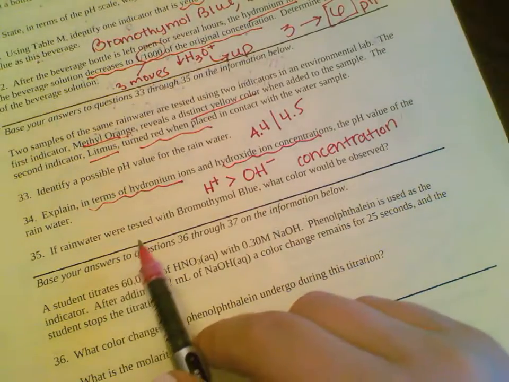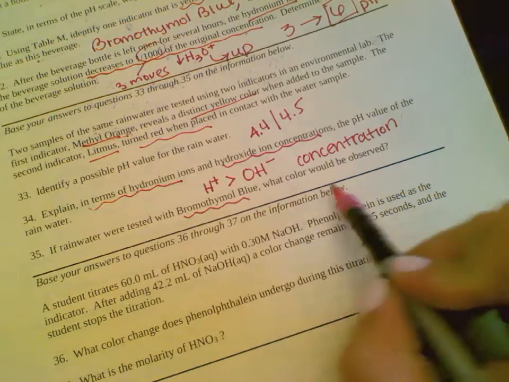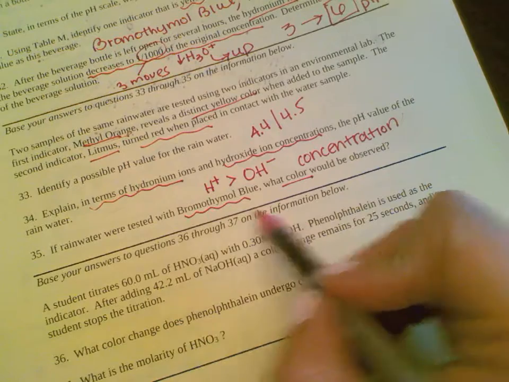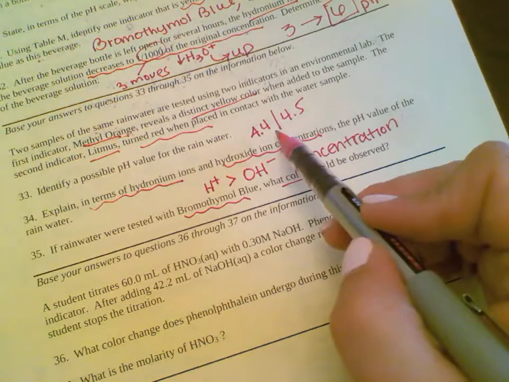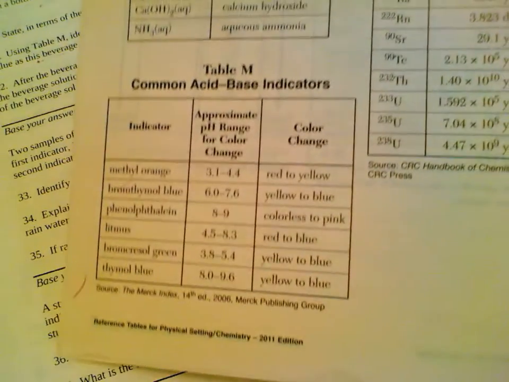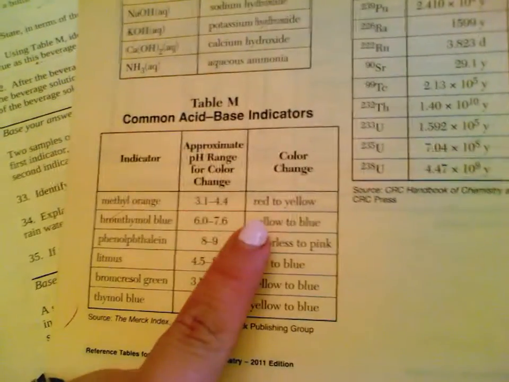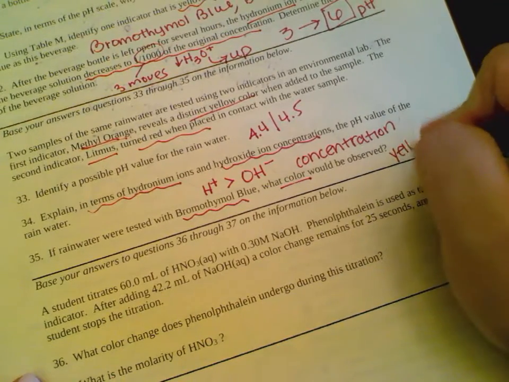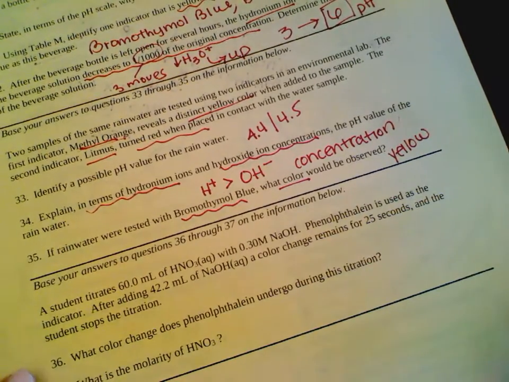If rainwater were tested with bromothymol blue, what color would be observed? Well, again, remember that rainwater had that pH of about 4.4 to 4.5, so bromothymol blue would be yellow if tested with that indicator.